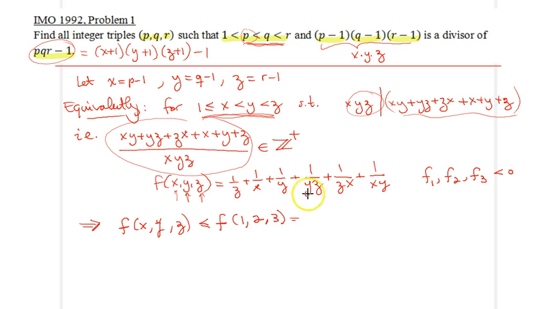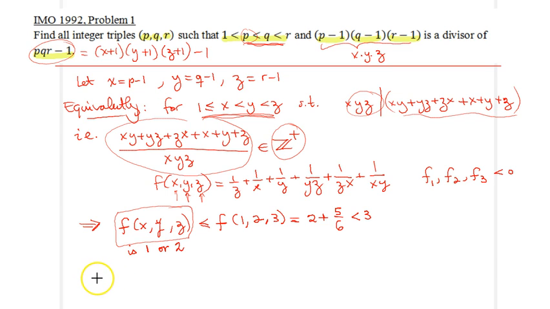That is simply equal to, once you plug in these values, 2 plus 5 over 6, I believe, which is obviously strictly less than 3. But that suggests that because our function can only accept integer values, f of x, y, z is either 1 or 2.